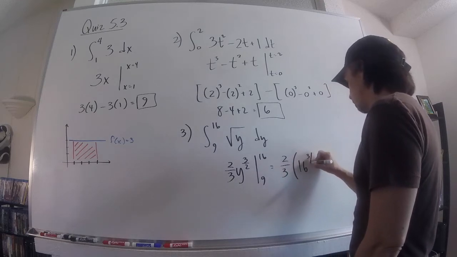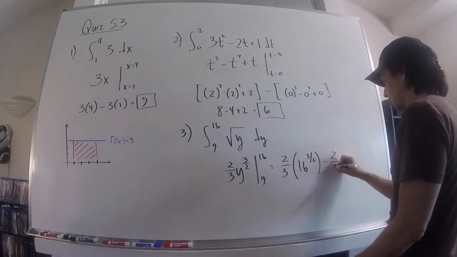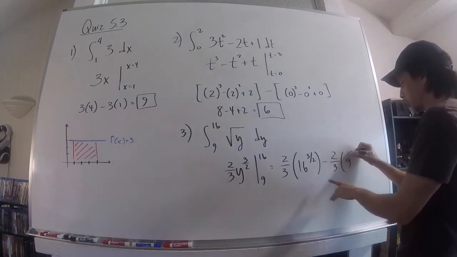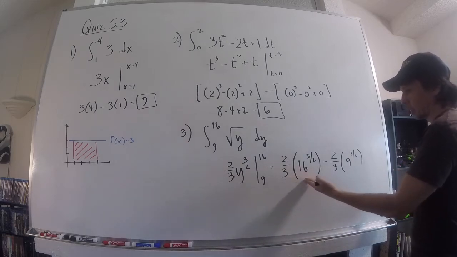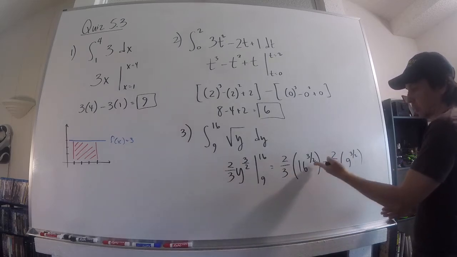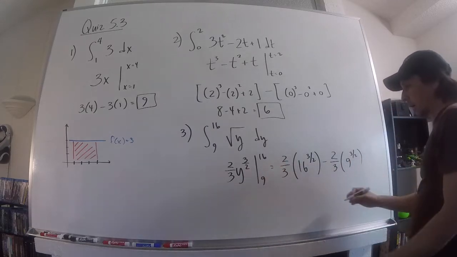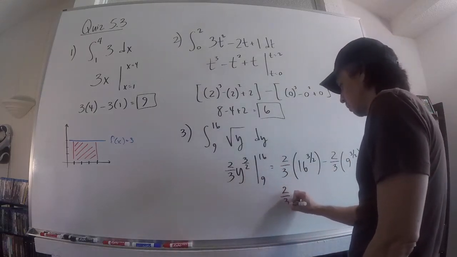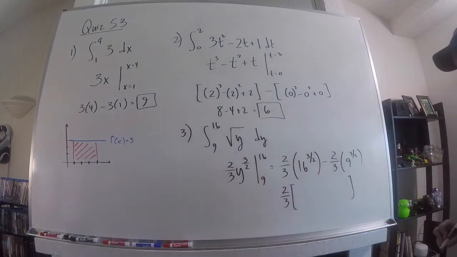I've got to do 16 to the 3/2. And last time I factored out the 2/3, but I wanted to make sure you understand that. When I do that, it's because each one has 2/3 times that 16 to the 3/2 minus the same 2/3 times 9 to the 3/2. But in the past, in the notes, I just factored out ahead of time, so that's the same thing.